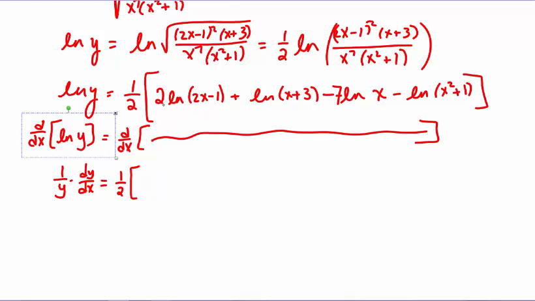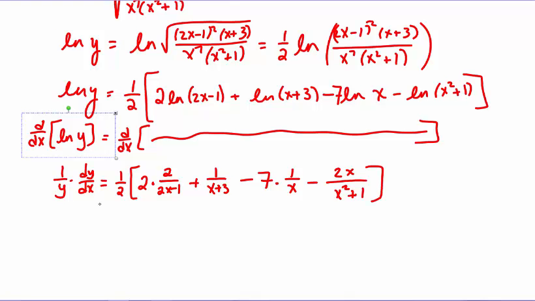The derivative of this piece is going to be 2 times the derivative of the inside over the inside, plus this guy, the derivative of the inside over the inside, minus this guy, 7 times the derivative of the inside over the inside, minus this guy, derivative of the inside over the inside.